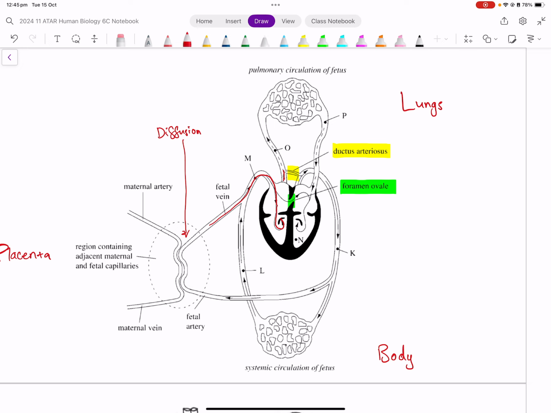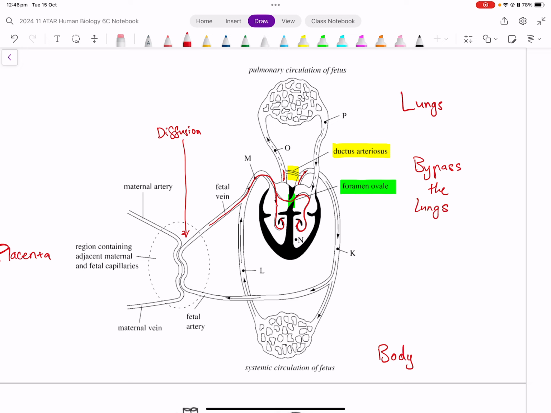It allows oxygenated blood, which has passed through the right atria, to pass directly into the left atria, where it can then flow down into the left ventricle, out into the aorta, around to the rest of the body. So these two structures allow the fetus to bypass the lungs. That is their key job.